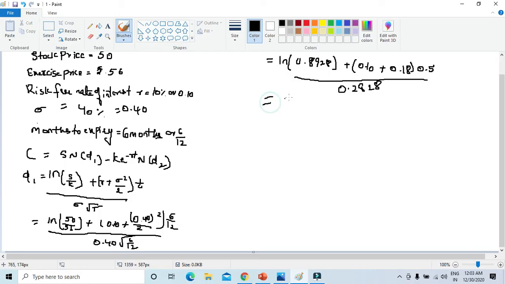Do calculate this on the scientific calculator. The ln value you are going to get is minus 0.1133, plus this will be 0.09. If you calculate and multiply, it will become this 0.09.